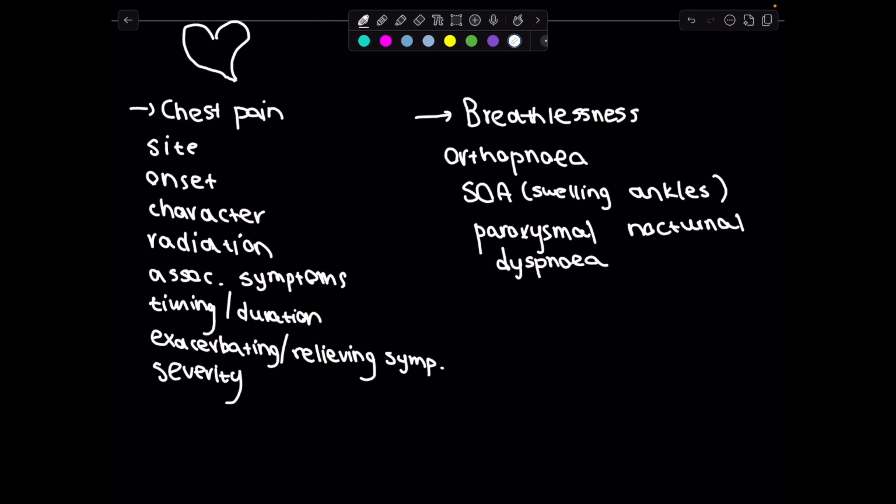Cough: acute, less than 3 weeks, or chronic; productive, sputum color, amount, or dry. Timing: night, morning. Wheezing: high-pitched sound associated with asthma, COPD. Triggers: allergens, cold air. Chest pain: pleuritic, sharp, worse with breathing. Examples: pneumonia, or non-specific.